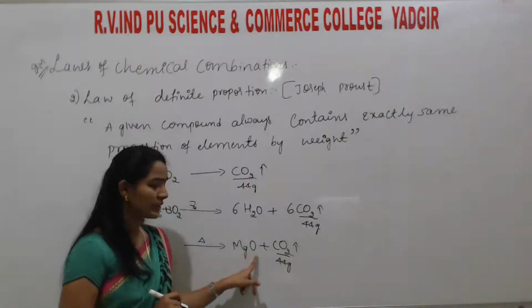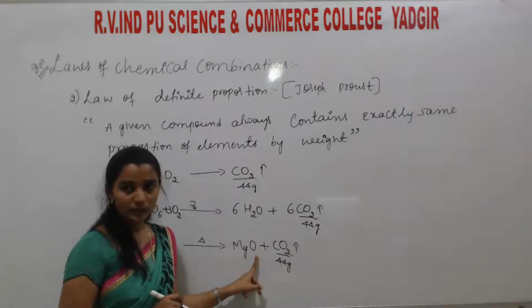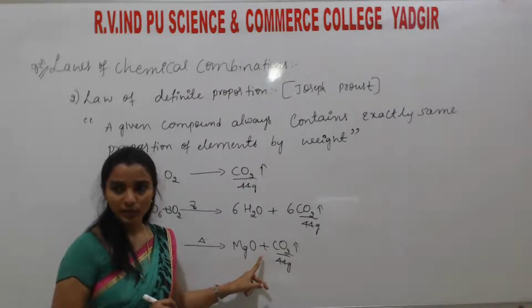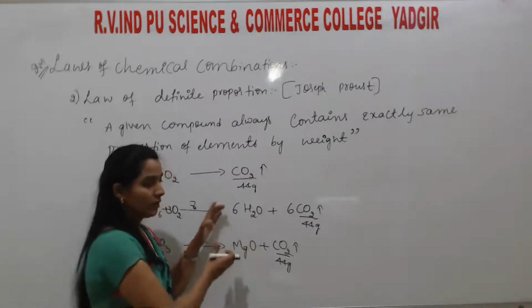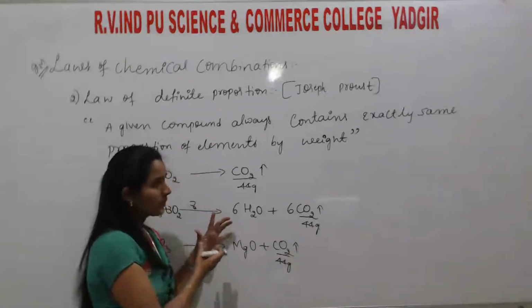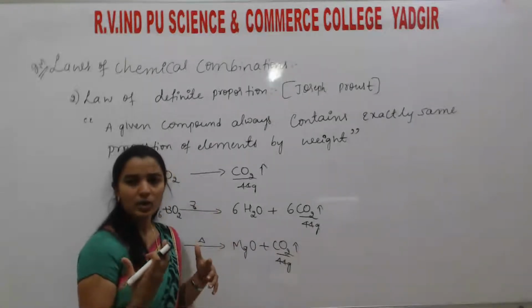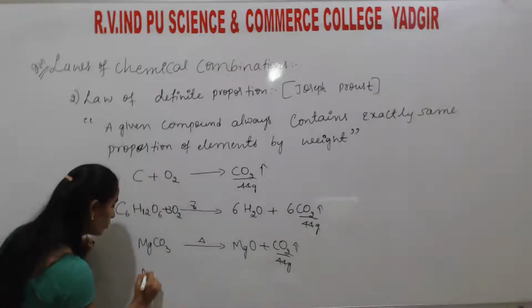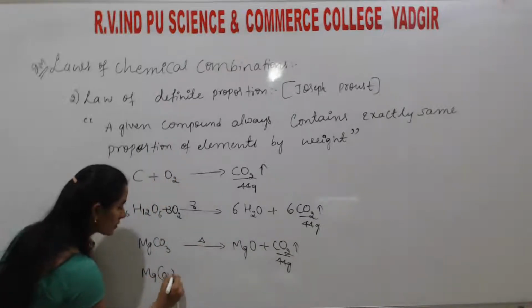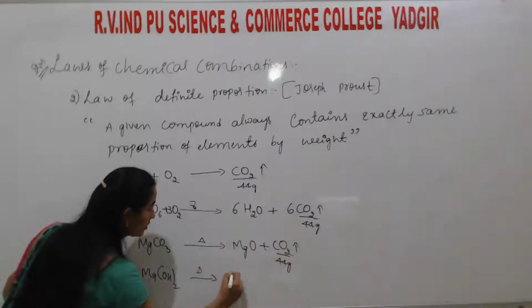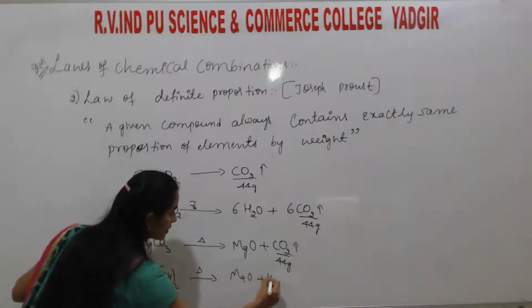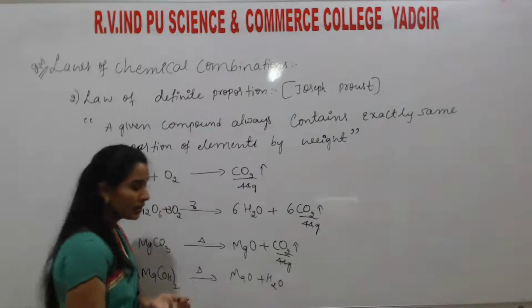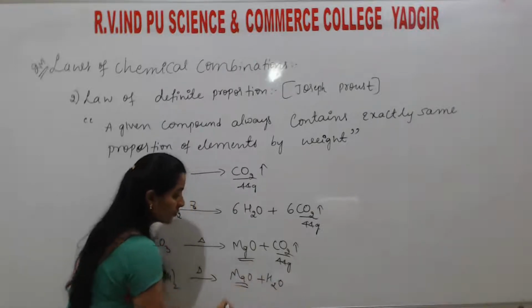Similarly, Mg is 24 and O is 16, so MgO is always the same, whether it is prepared by combination or by decomposition. MgCO3 upon decomposition gives MgO plus CO2. Students, whether Mg is derived from this or that, we don't bother.